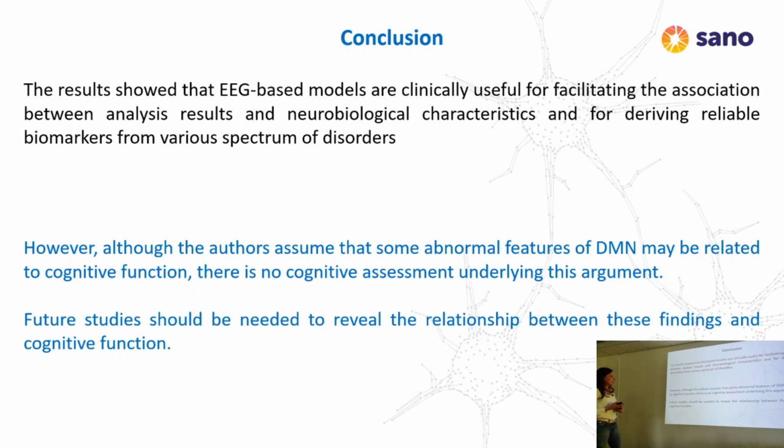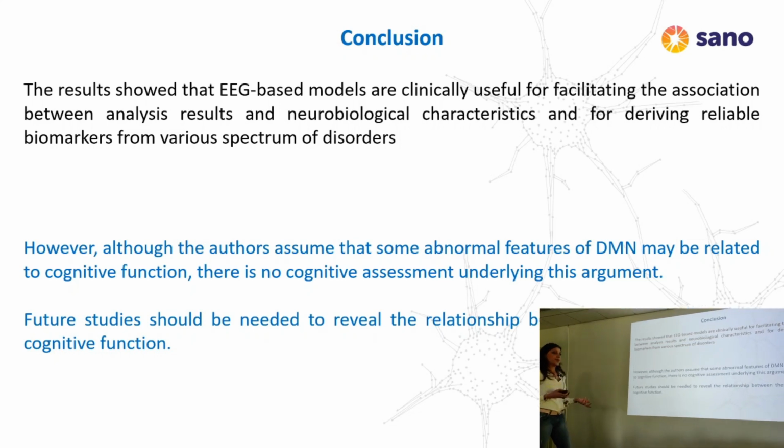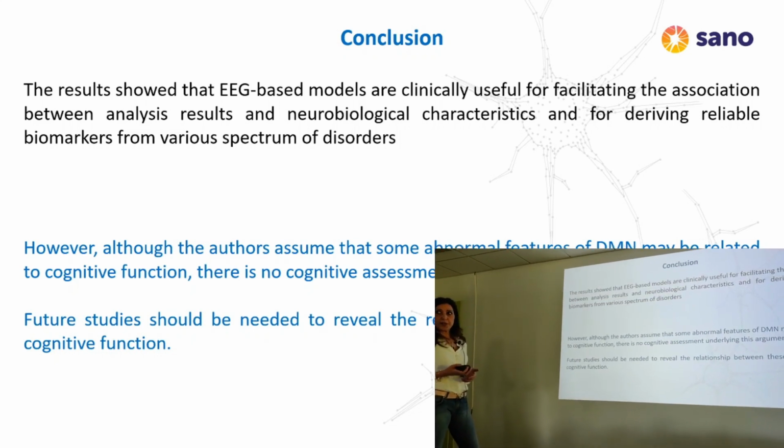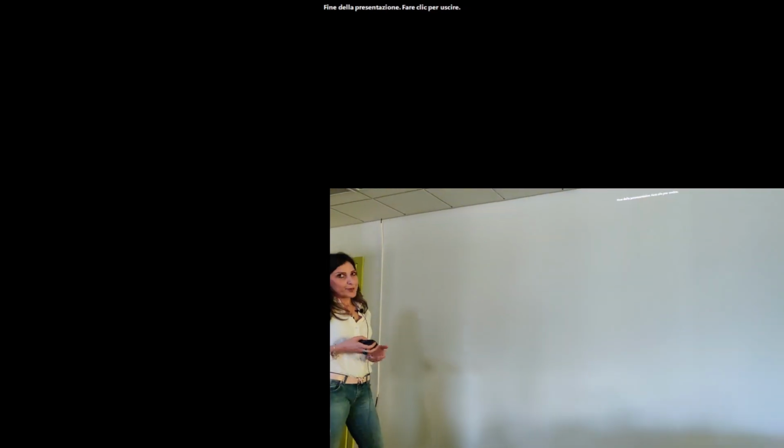However, although the authors assume that sub-abnormal features of the default mode network may be related to cognitive function, there is no cognitive assessment in the paper underlying this argument. So future studies are needed to reveal the relationship between these findings and cognitive function. And thank you for your attention.